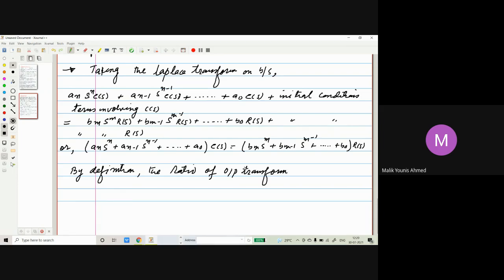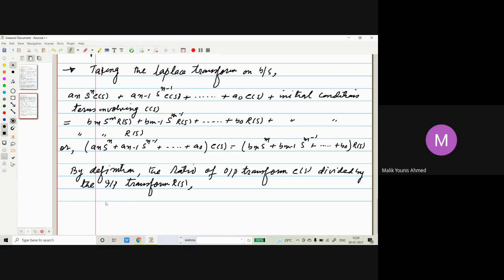Transform domain we normally use. Output transform C of S divided by the input transform R of S.